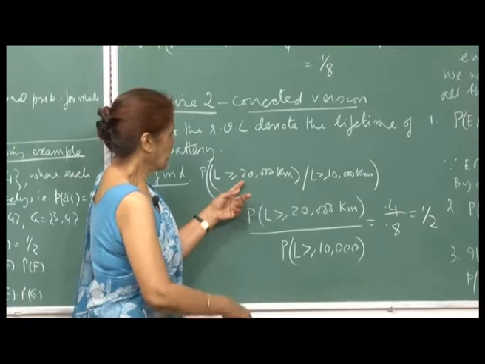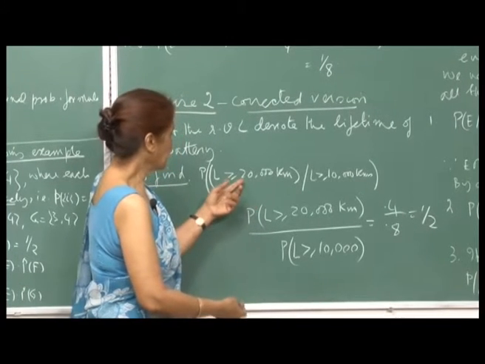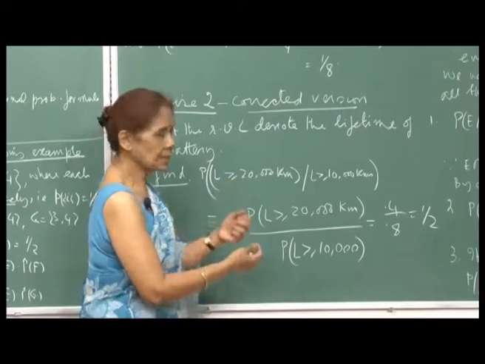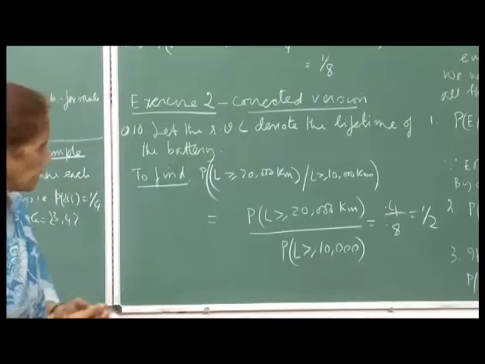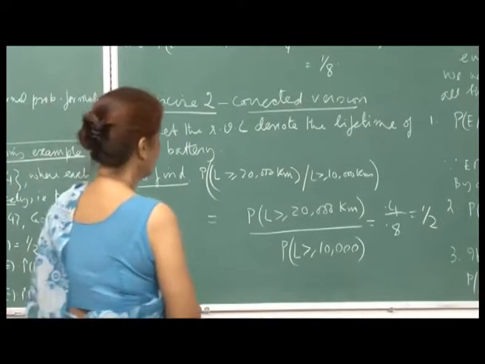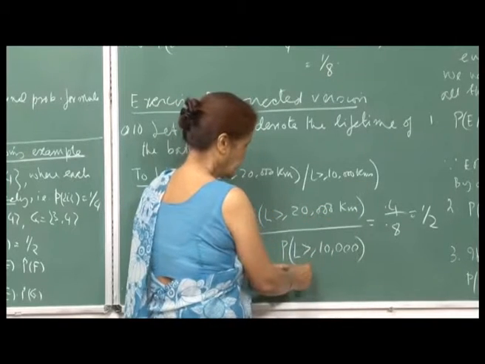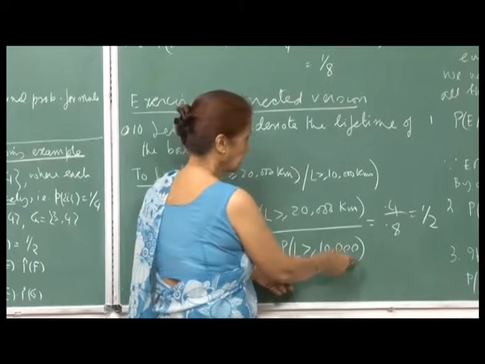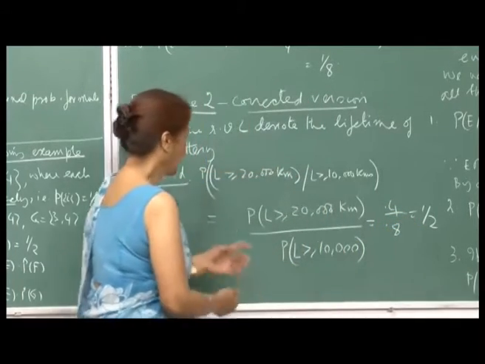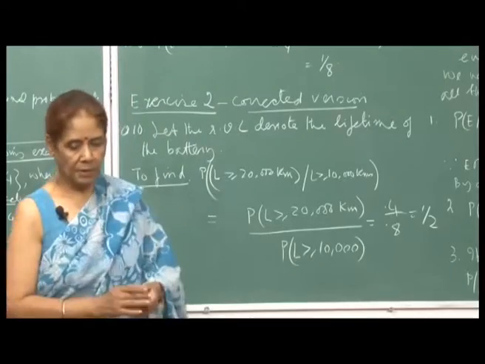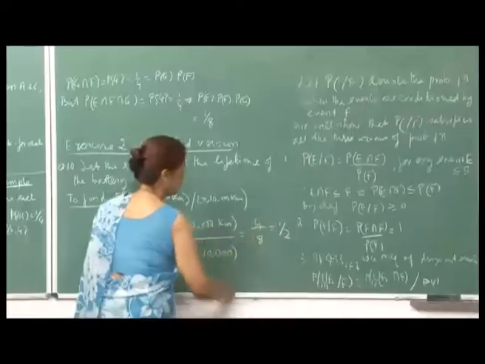Because you want the battery to run 10,000 kilometers and you want it to run 20,000 kilometers, the intersection means it runs for more than 20,000 kilometers. This is divided by the probability of L greater than or equal to 10,000, and therefore this is equal to 0.4 by 0.8, which is half. I just thought that if you have thought about the problem, maybe some of you have already done it, but this is the right answer.